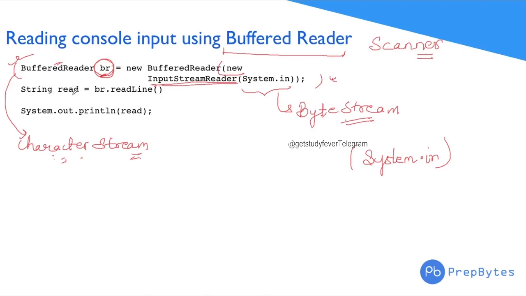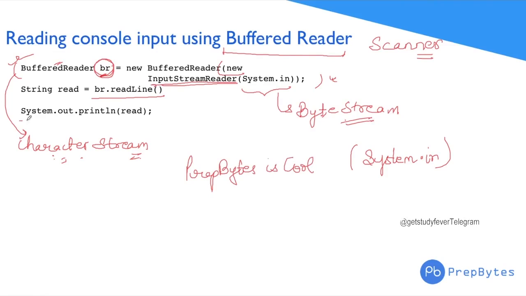If we have to read a line, we simply write br.readLine. Let's say the user writes something like "prep bytes is cool". If we use System.out.println to print whatever the user has given, you get this as output. Using br, you can either read the entire line or just one character using br.read.